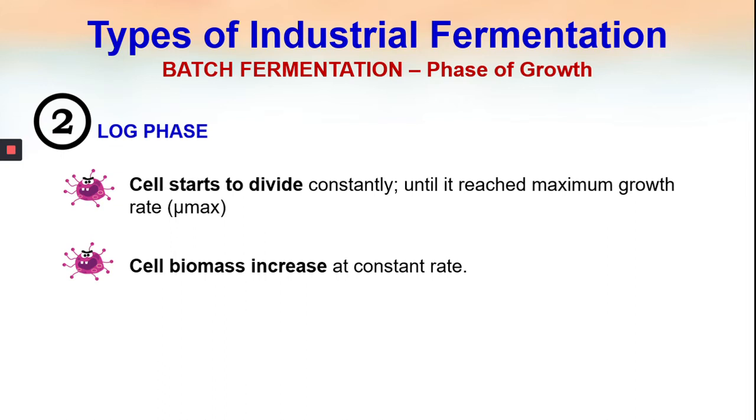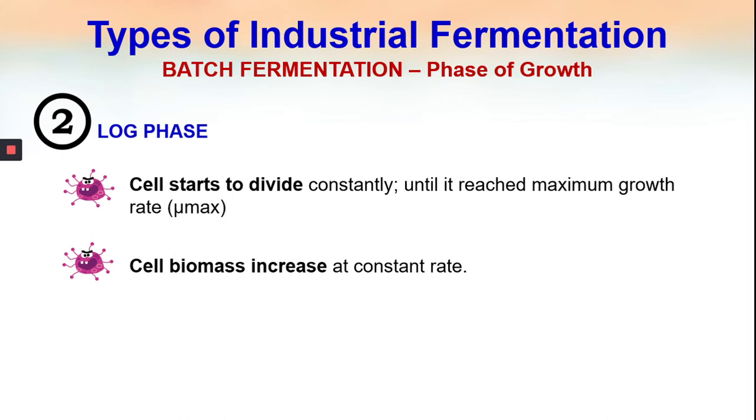So that means every 20 minutes, E. coli will double from 1 into 2, from 2 into 4, 4 into 8, 8 into 16, and so on. Since the generation time is fixed and uniform, that's why you can say the graph under log phase is exponential in style.